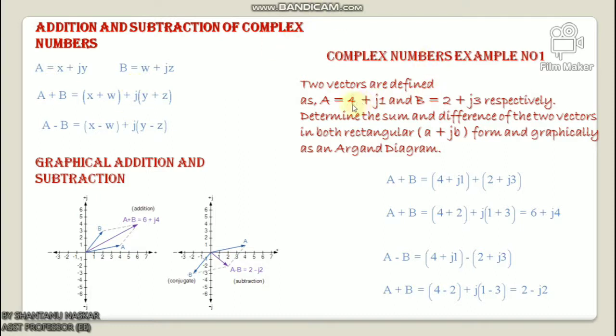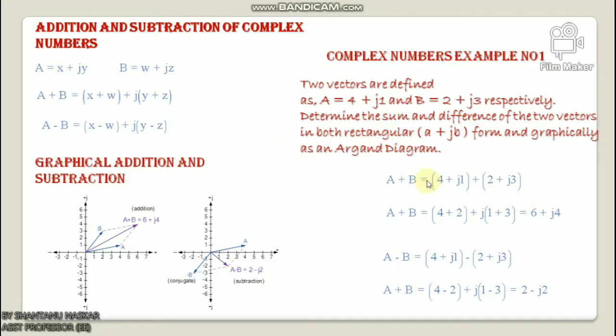Two vectors are defined as a equals 4 plus j1 and b equals 2 plus j3 respectively. Determine the sum and difference of the two vectors in both rectangular form and graphically as an Argand diagram. So first, mathematical addition and subtraction.